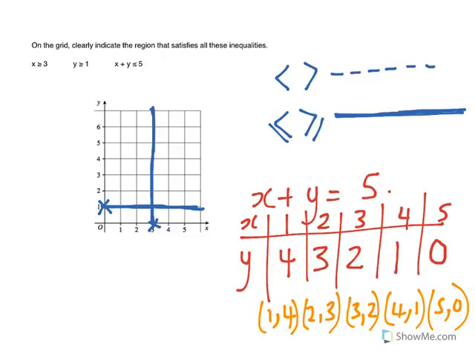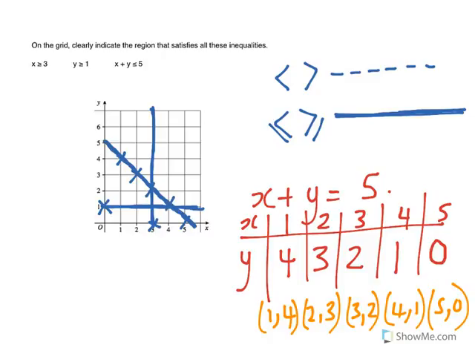Now I'm going to plot those, and again it is going to be a solid line because it is also equal to. So I plot these on my graph here, and then I'm going to join them up with a straight line.